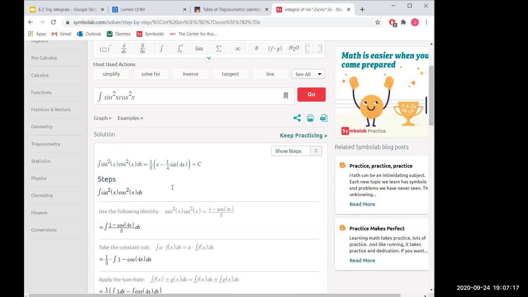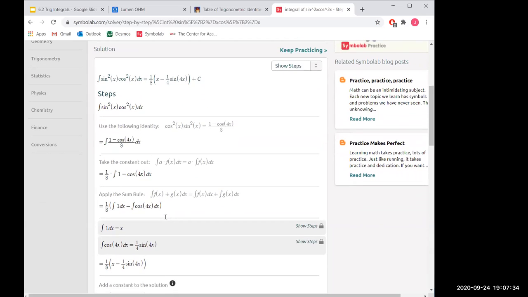I would recommend using this website not necessarily to do the problems for you, but after you try a problem, you can use it to see if you did it correctly. I don't recommend plugging in the problem right away without doing it, because then you're not learning anything.